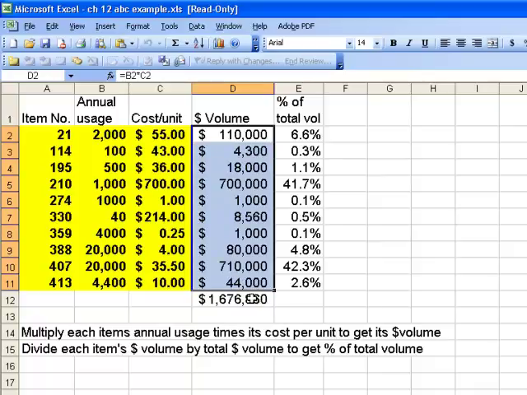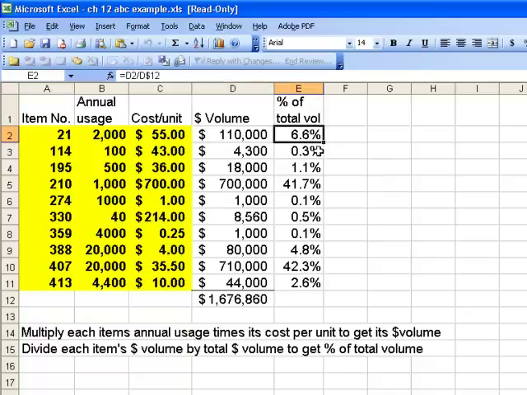To do that, you take the dollar volume for the particular item and divide it by the total dollar volume. So for item 21, it would be $110,000 divided by $1,676,000, and that's 6.6% of our total dollars. So we spend 6.6% of our total dollars on item 21.